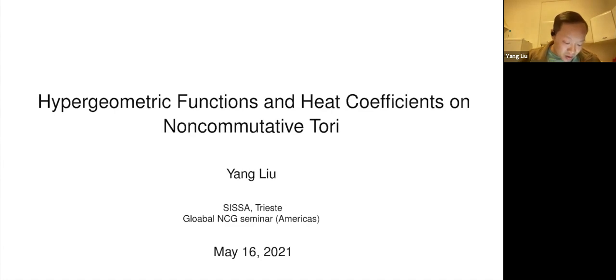My topic today is related to several talks already given in this seminar. I think the very first is Raphael Ponge's talk about pseudo-differential calculus on non-commutative tori. Then Masoud gave a talk about the Newton divided difference in this modular geometry business.